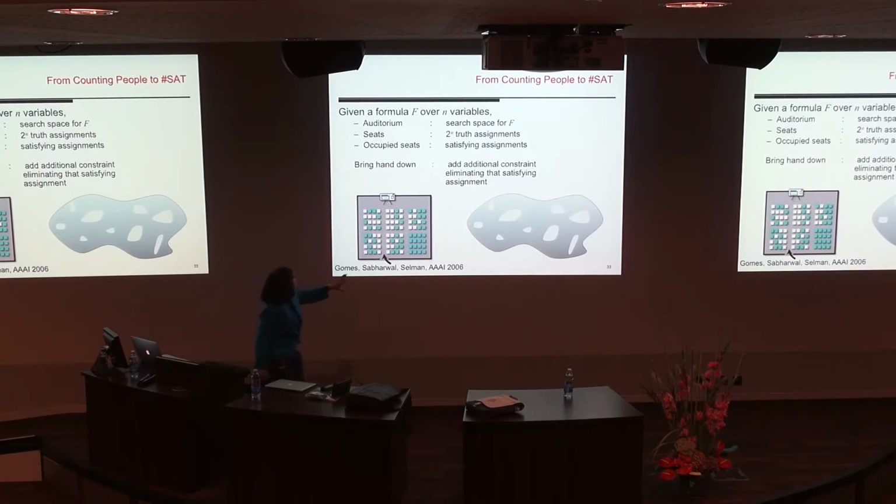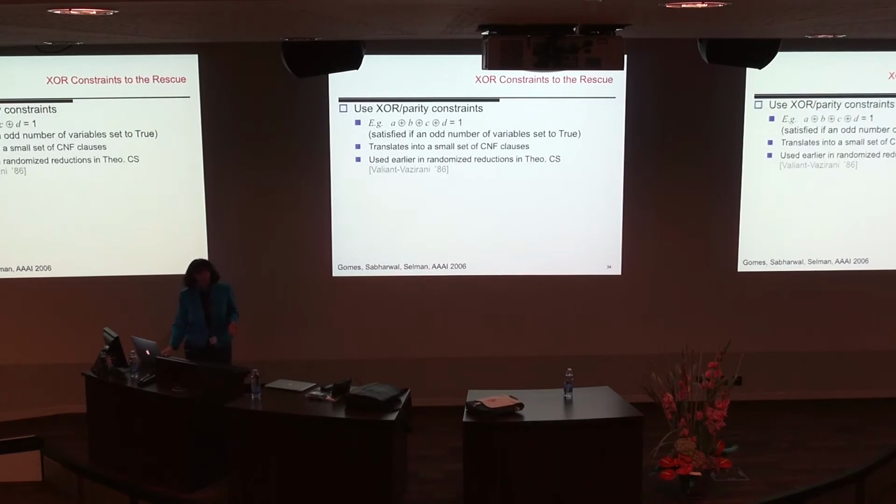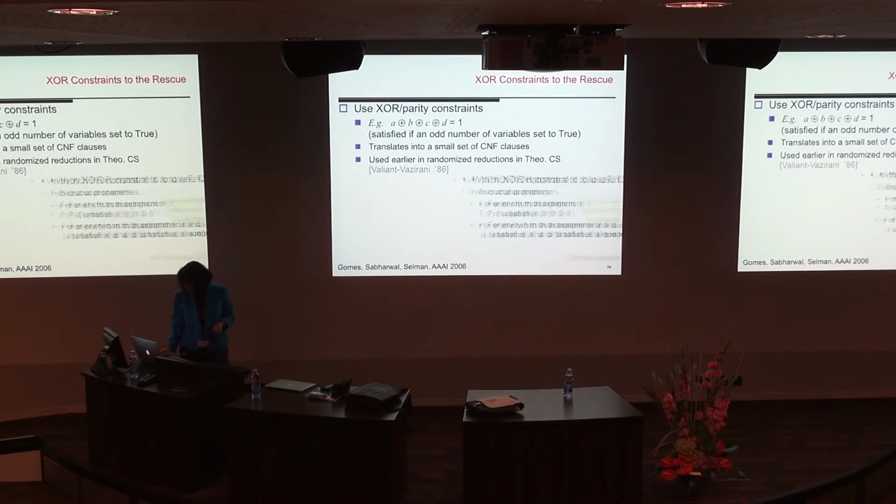But for you to see the analogy, the auditorium is our search space. The seats are the truth assignments. The occupied seats are satisfying assignments. And bringing a hand down is putting an additional constraint that is going to reduce the search space. Do you see the analogy with the streamlining? And so basically, that's where we use these XOR parity constraints that can be, for example, encoded using CNF or another language.